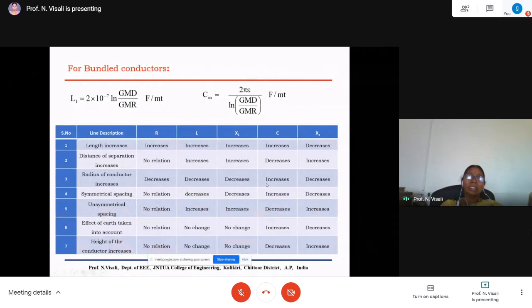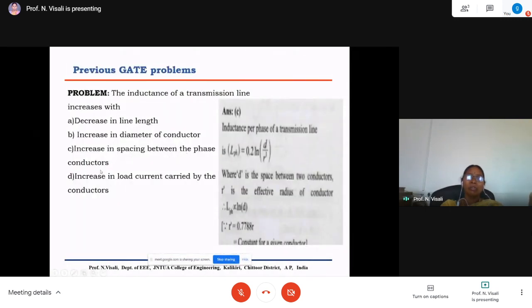Increase in diameter of the conductor, increase in spacing between the phase conductors, increase in load current carried by the conductors. The inductance of the transmission line increases with, what is the answer? Mainly increase in spacing between the phase conductors. For example, D is the space between the conductors, R dash is the effective radius of the conductor.